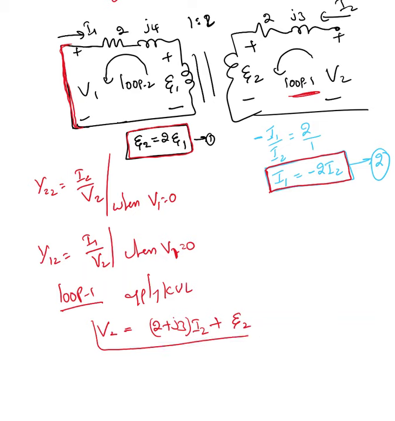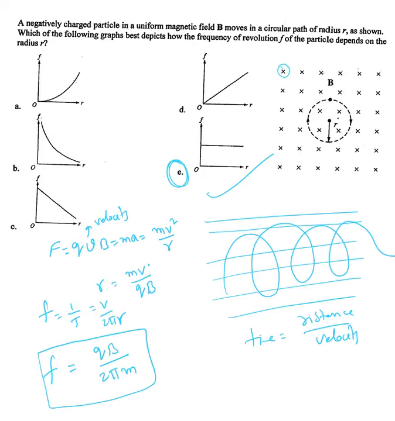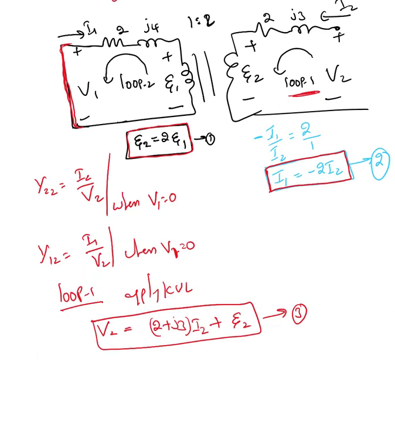Let me label this as equation 3. I restarted the equation numbers for the second part. Now loop 2, apply KVL: E1 equal to minus 2 plus J4 I1.